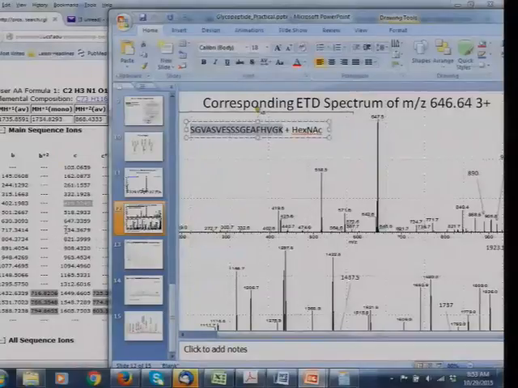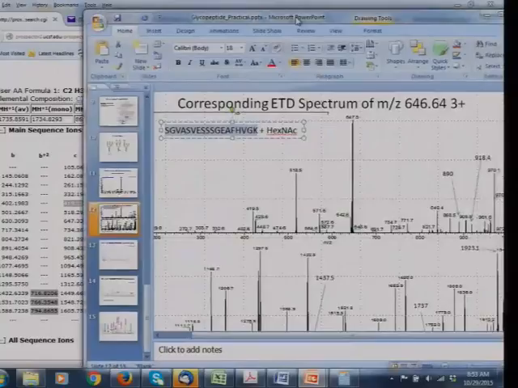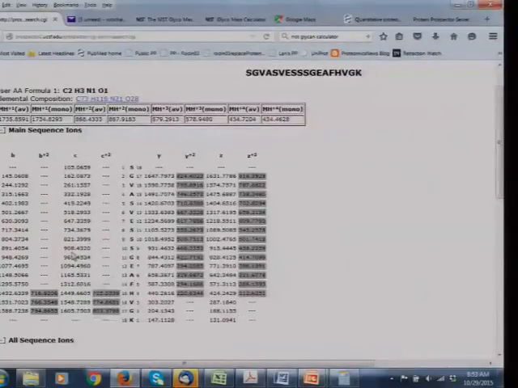Our next expected c ion would be a 734. Do we have a 734? Yes. 821. Yes. It's very small, but it's there. 908. No. No 908. So we're not seeing a 908.